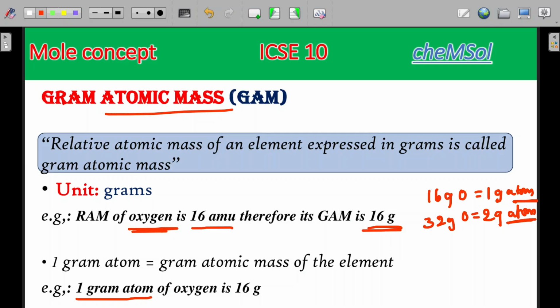Either they will ask you 1 gram atom, or what is gram atomic mass. Atomic mass will be fixed, 16 AMU is constant, but your gram atomic mass keeps on changing. And this we are going to relate with the mole. Therefore, it is important.